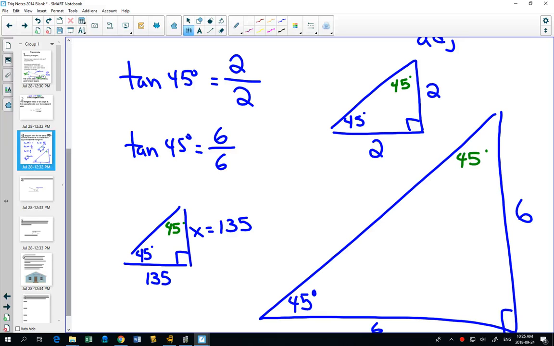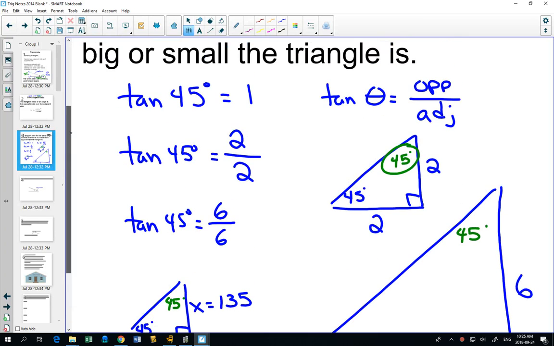Because if I look at this green angle, what's the opposite side? It's 2. What's the adjacent side to the green angle? It's 2. What happens if I do 2 divided by 2? I get 1. And from our calculator, we just learned that tan of 45 degrees is 1. So if that ratio is equal to 1, you know the angle has to be 45 degrees.